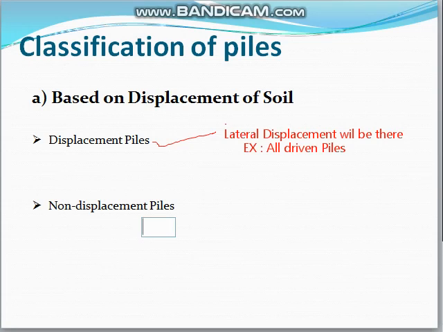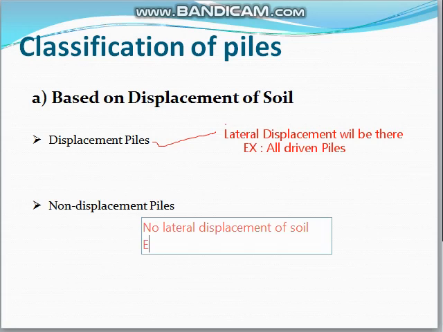So a non-displacement pile means no lateral displacement of soil when the pile is installed. For example, we can say bored piles.